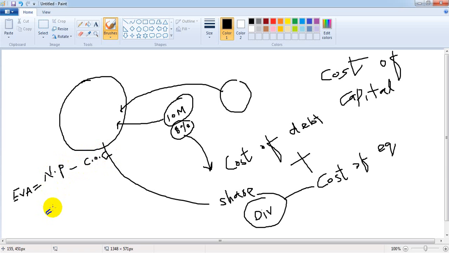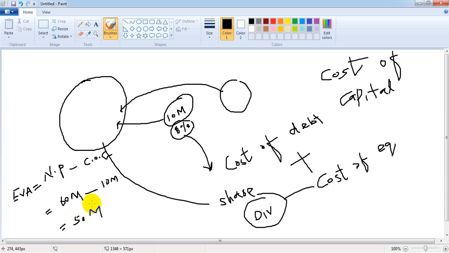Suppose our net profit is 60 million. Out of this 60 million, suppose the cost of debt and cost of equity combinedly is 10 million. So we will get 50 million economic value added.